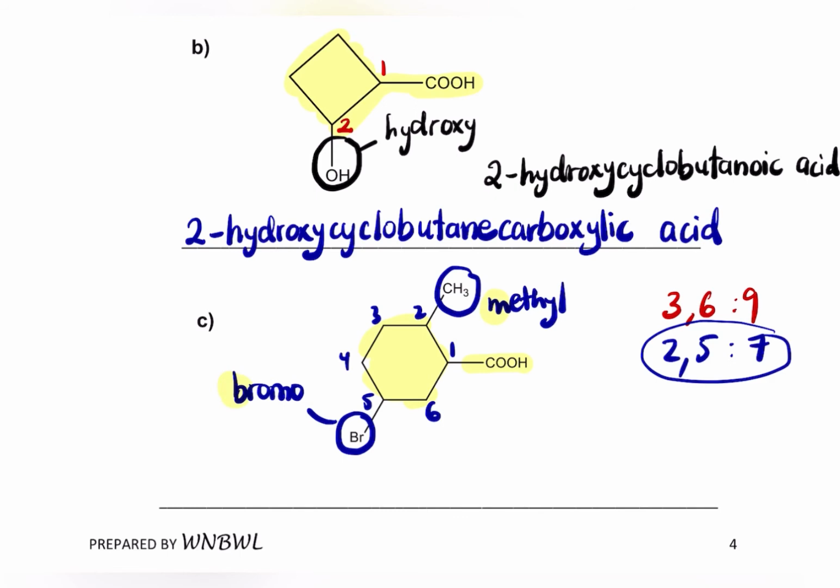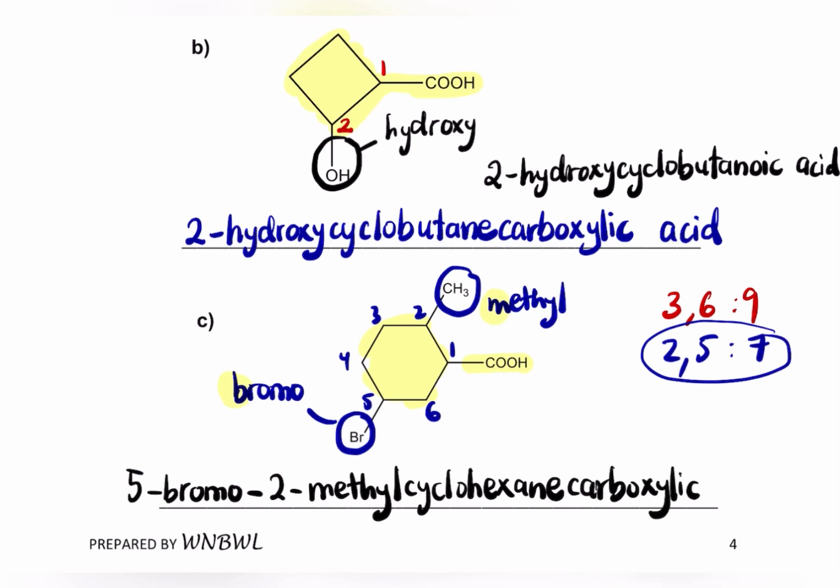So the full name for this structure will be 5-bromo-2-methyl, and you have your cycloalkane, which is 6 carbon atoms, so the name will be cyclohexane, and attached to COOH, don't forget to put carboxylic acid.